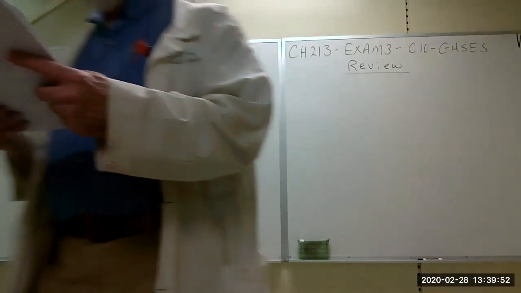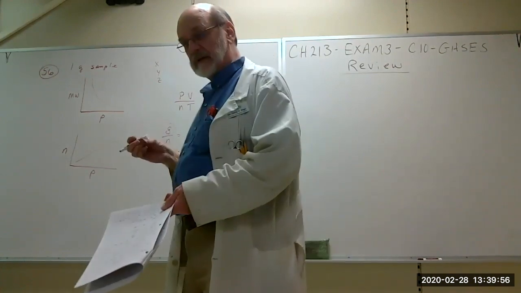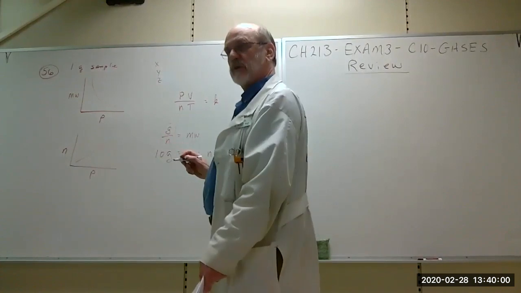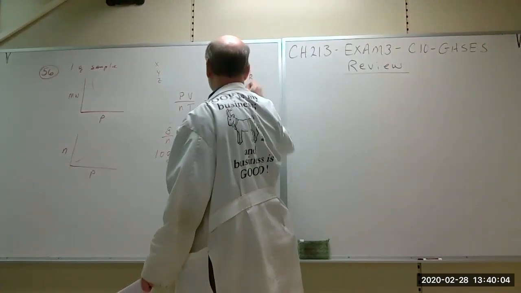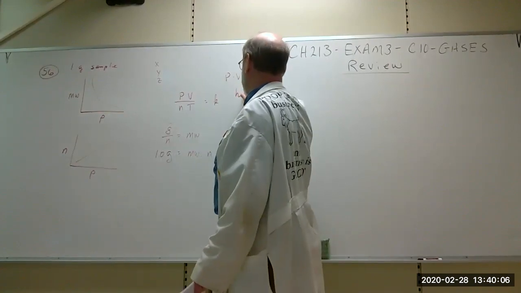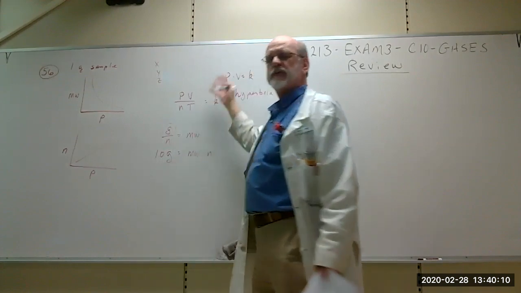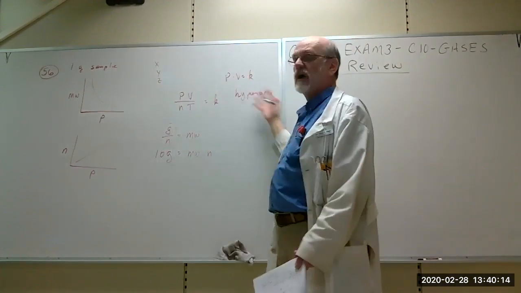But D's not even right. Because what did we learn from Boyle's law? Pressure times volume is a constant. That produces a hyperbola. Doesn't matter if it's pressure, volume, it could be any 2 variables equal to a constant. It's always a hyperbola.